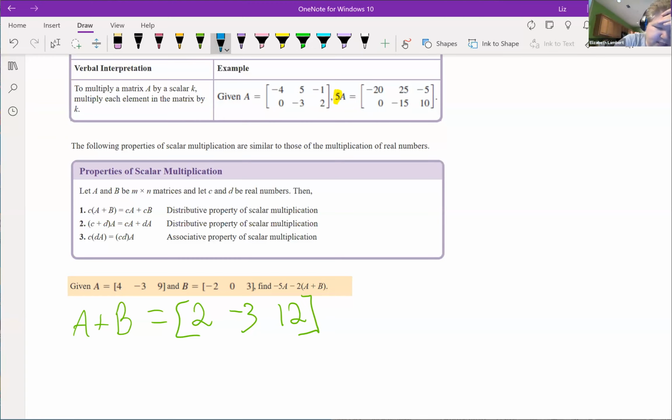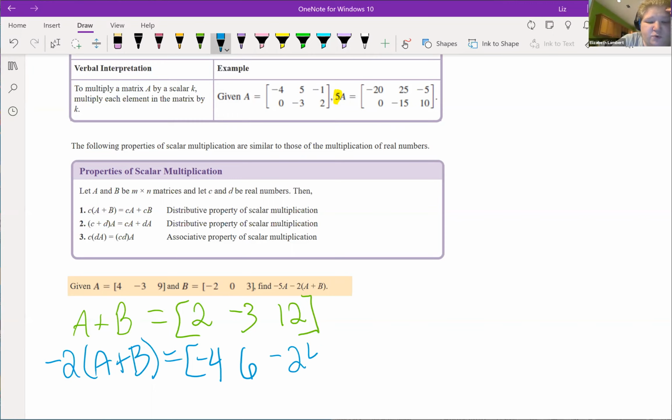Since we're already on this one, I'll go ahead and do -2 multiplied to A plus B. Since I already added it, I just have to do -2 to this result. So -2 times 2 is -4. -2 times -3 is a positive 6, and then a -24.